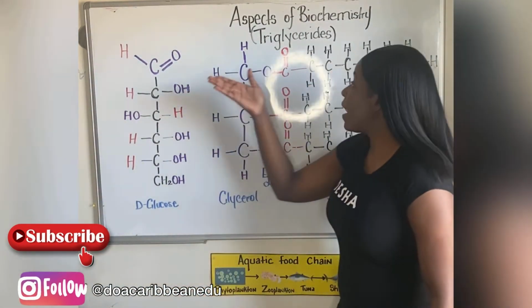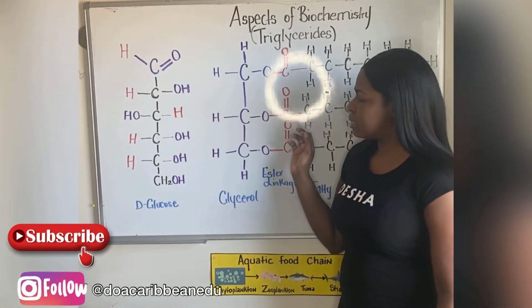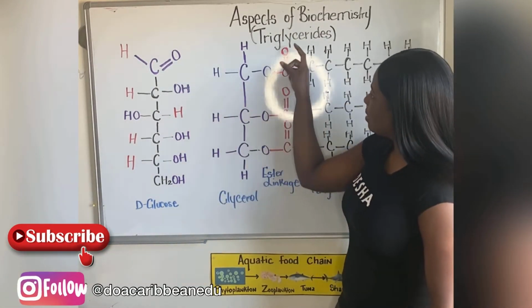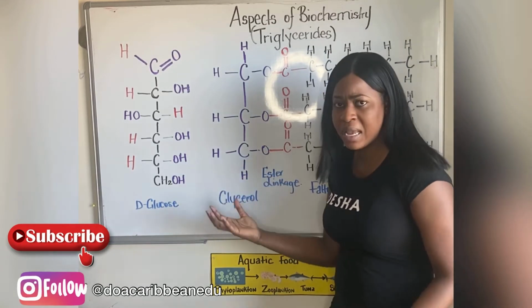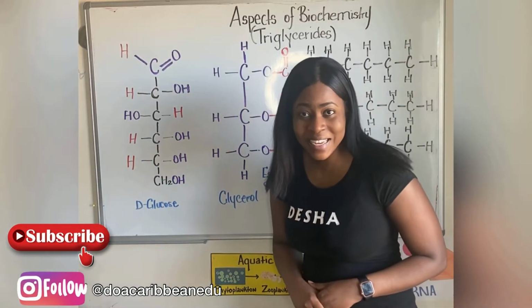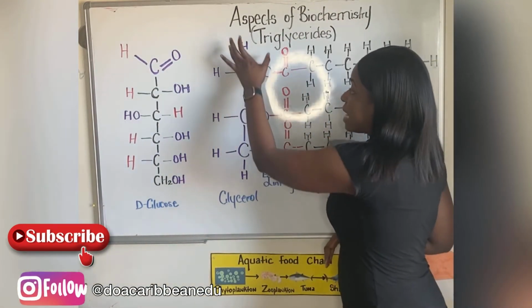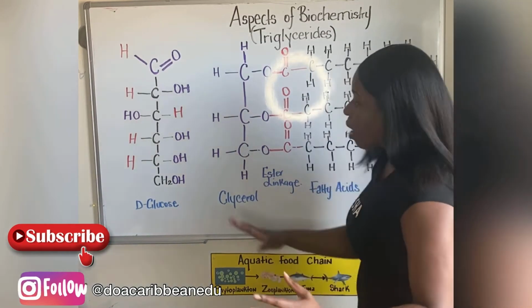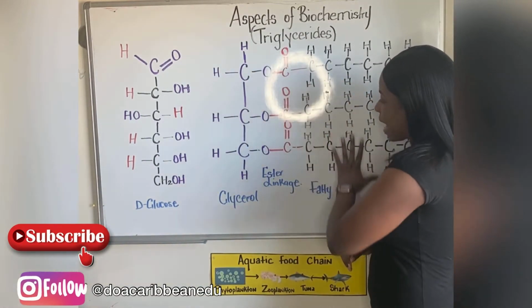Yes, triglycerides. Tri means 3. And glyceride here could mean that there is a glycerol in its structure. Indeed, a triglyceride is made up of a glycerol molecule, which is an alcohol, connected to 3 fatty acids.